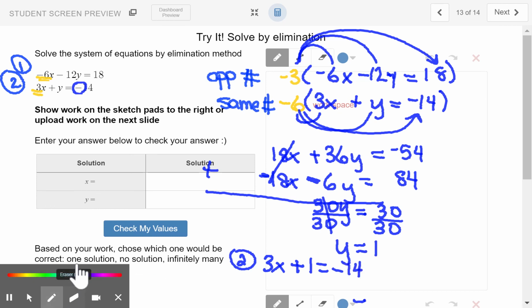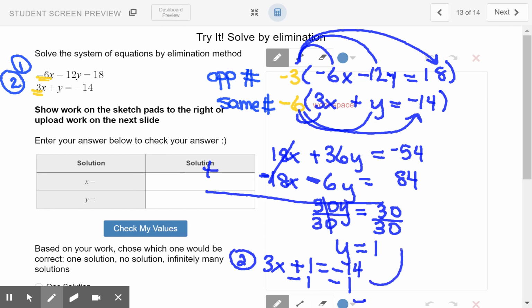Especially if you're writing on the screen, sometimes your pen doesn't work, or maybe you highlight over something. So just double check. And then we minus 1 on both sides. We have 3x equals negative 15. Divide by 3. We have x equals negative 5.